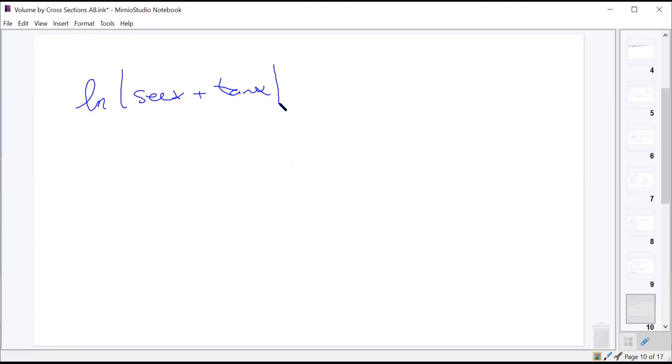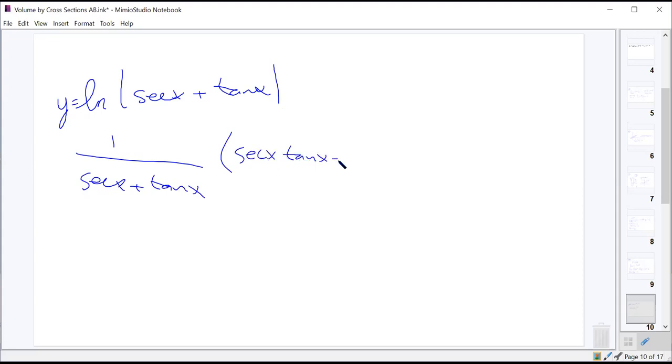The derivative of natural log of u is 1 over u, and then times the derivative of u, right? So times the derivative of secant x plus tangent x, which is secant x tangent x plus secant squared.